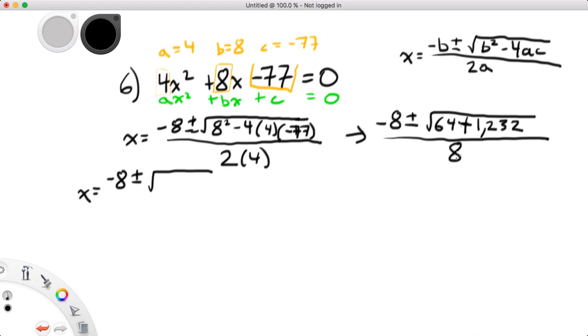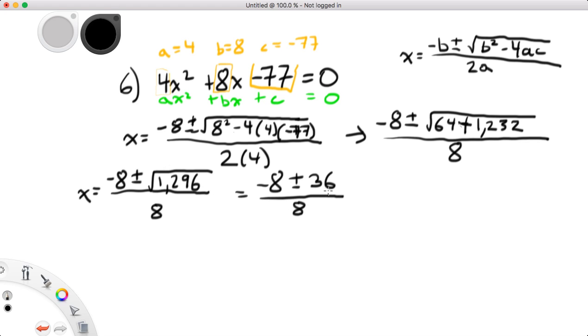Negative 16 times negative 77 is equal to 1,232. And we get to put this as a plus because it was a minus before, but that minus canceled with this other minus, and we got to put plus 1,232, which is really awesome because then that means that we don't have to get into any imaginary numbers, all over 8.